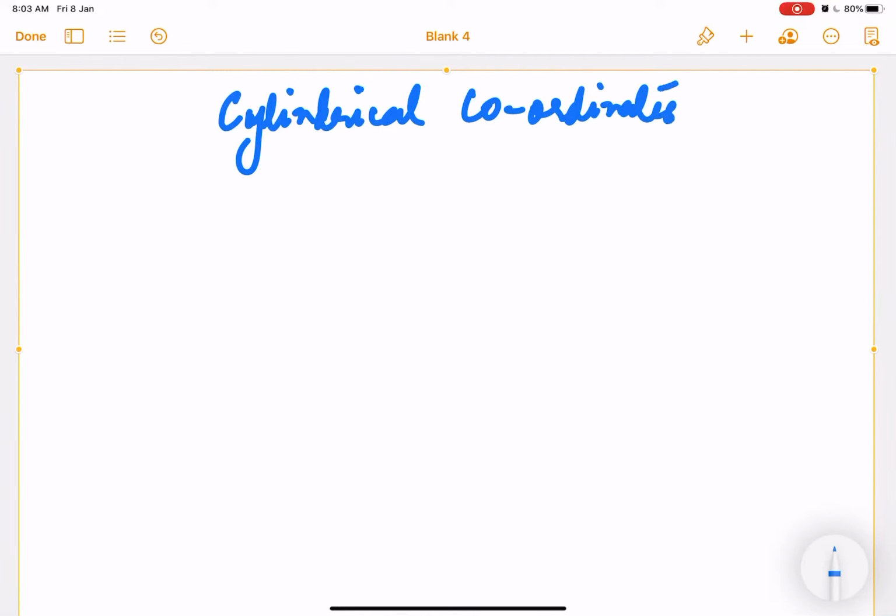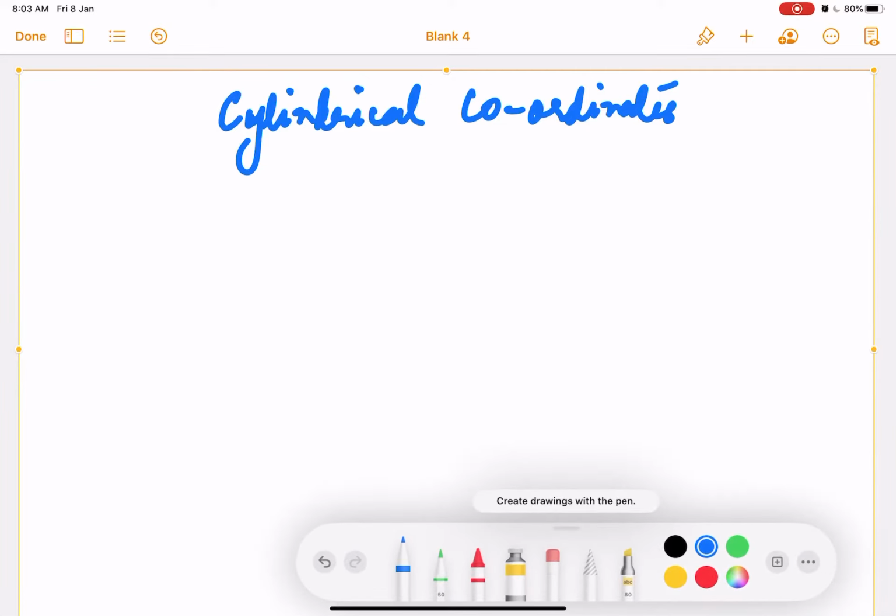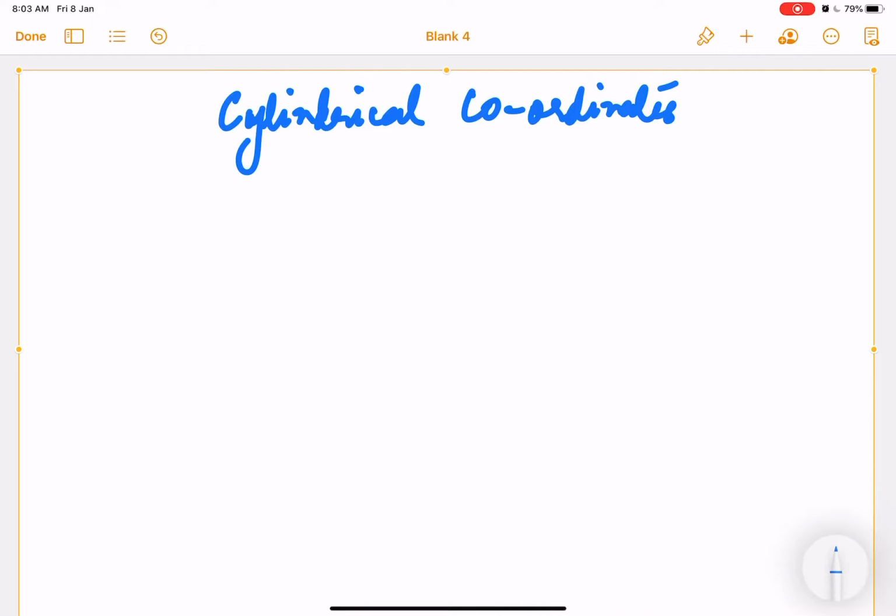Well, you have heard about Cartesian coordinates in your 11th, 12th grade, and even when you were smaller at school, you used to study about them. Remember your graph papers you used to study Cartesian coordinates with x, y, and z coordinates?